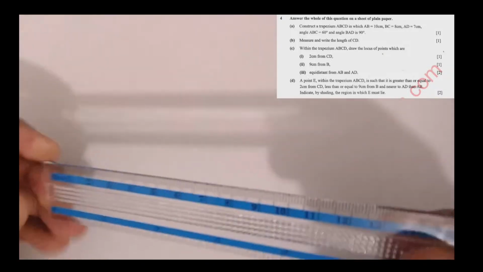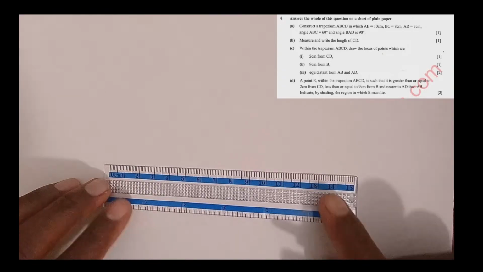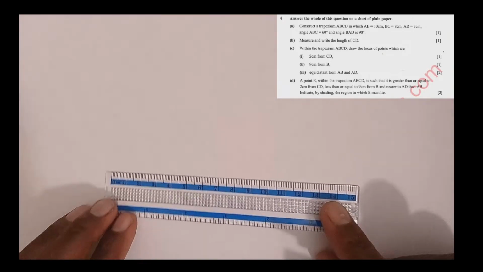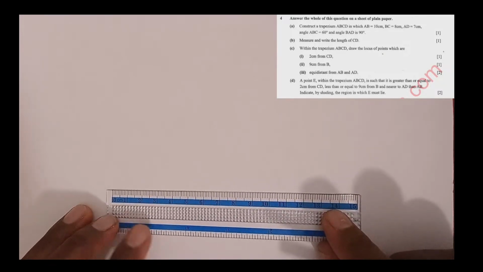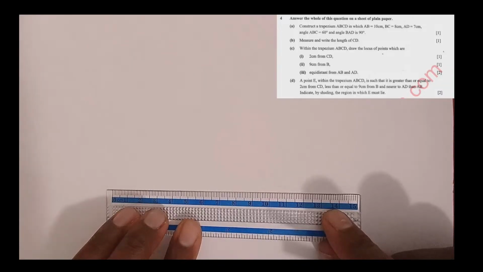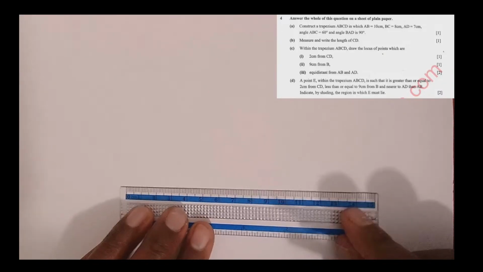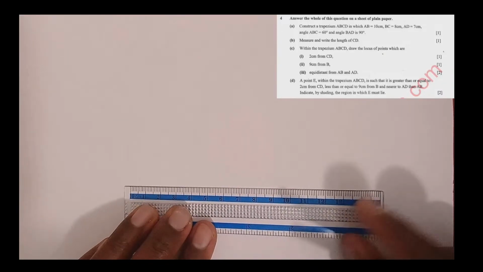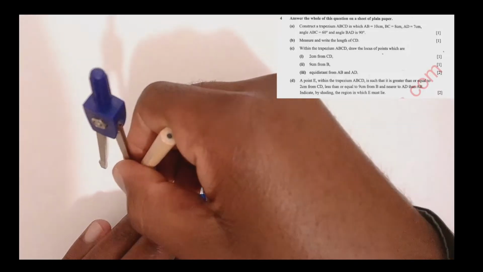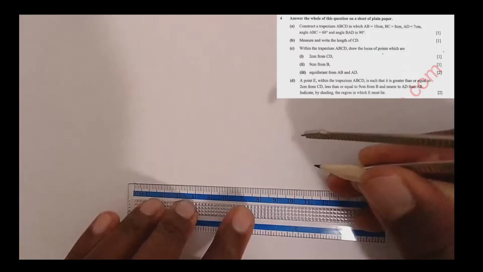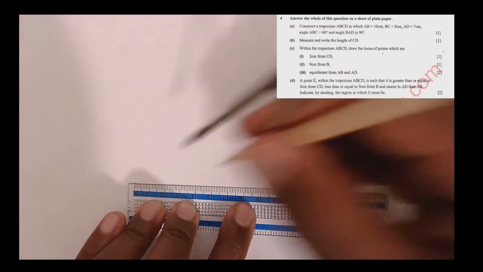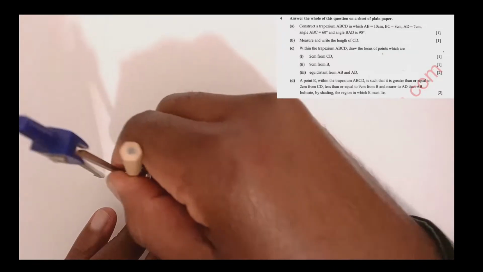So I have my ruler right here, and I'm going to measure 10 centimeters. So let's see, let me move a little bit this side. All right, so this is my 0 right here, and this is my 10. So AB is 10 centimeters, like that.